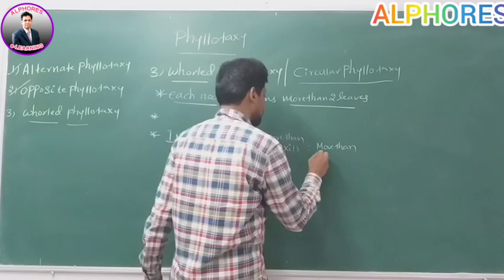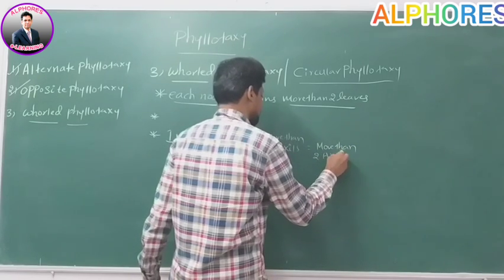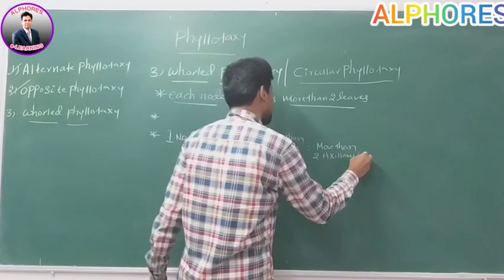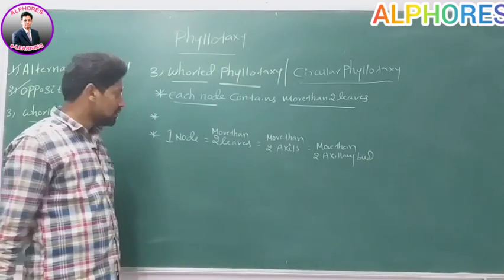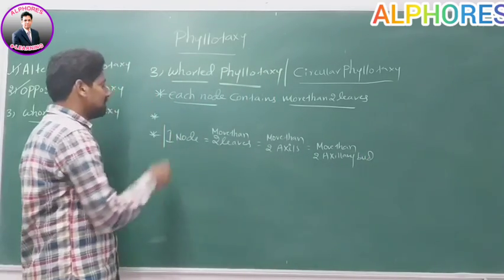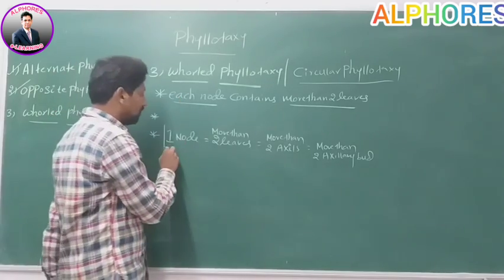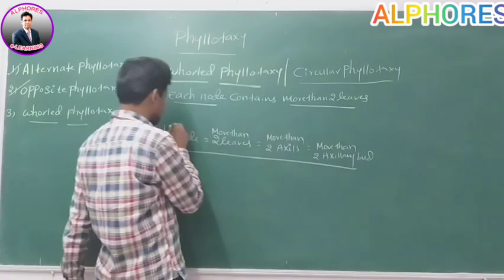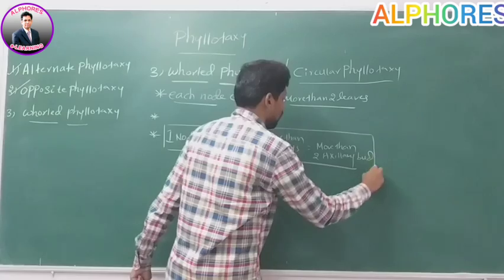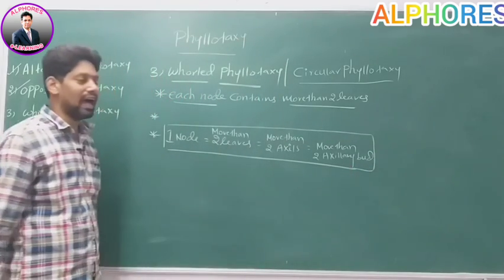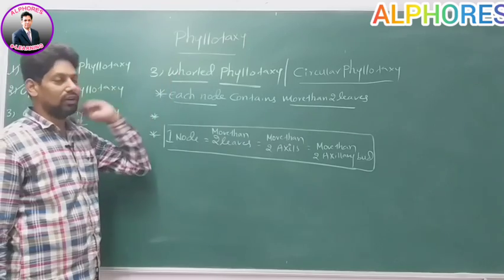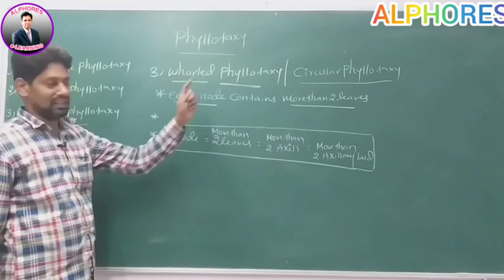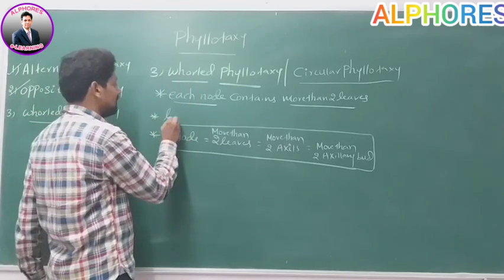More than 2 axillary buds. What is another name for axillary bud? Lateral bud, right? Therefore, in case of whorled phyllotaxy, one node contains more than 2 axillary buds. What is another name for whorled phyllotaxy? Circular phyllotaxy. Why? Because leaves are arranged circularly.